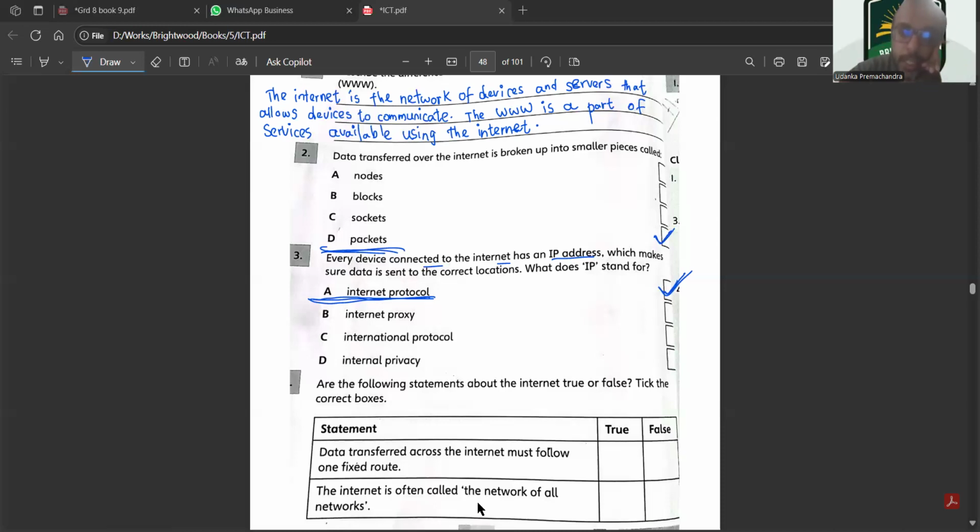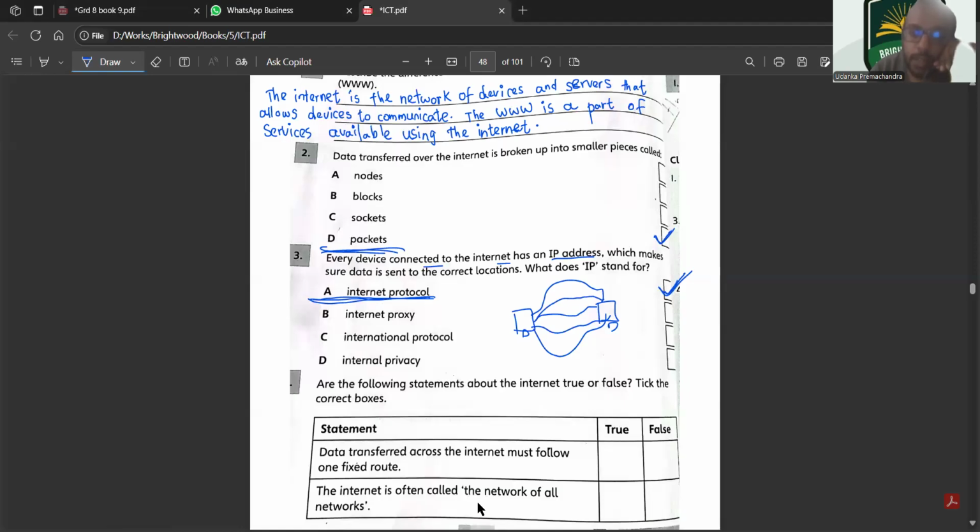Okay. Next thing. Data transferred across the internet must follow a fixed route. When you transfer data from one location to another, is there a fixed route? No. There can be many routes according to data packets.